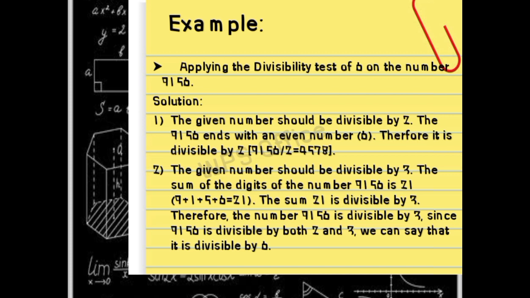The sum of the digits of 9156 is 21, where 9 plus 1 plus 5 plus 6 equals 21. The sum 21 is divisible by 3. Therefore, the number 9156 is divisible by 3. Since 9156 is divisible by both 2 and 3, we can say that it is divisible by 6.